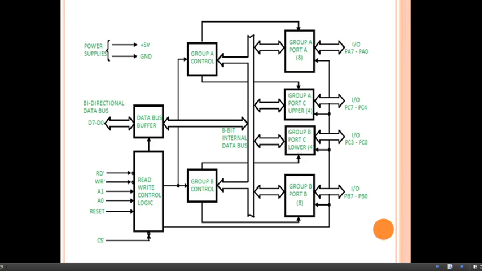It can be used as simple input output or handshake signals or status signal inputs. The direct bit set reset capability is provided by port C only. So this is our functional block diagram of peripheral interface 8255.